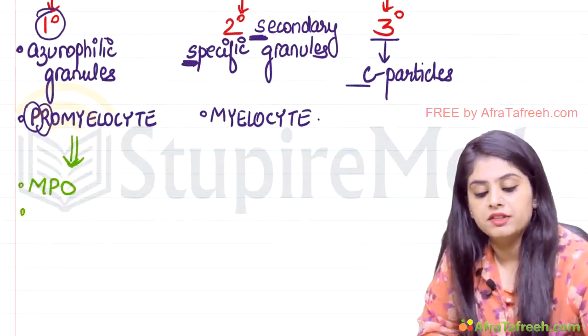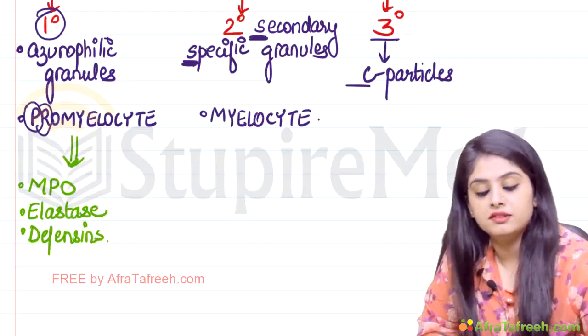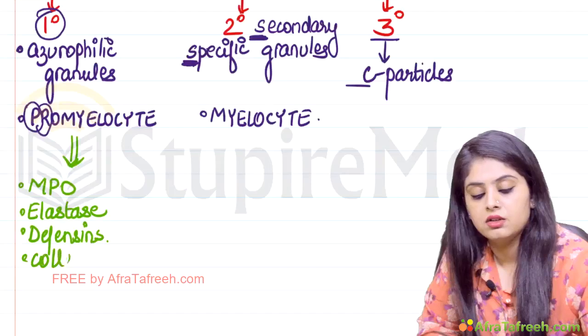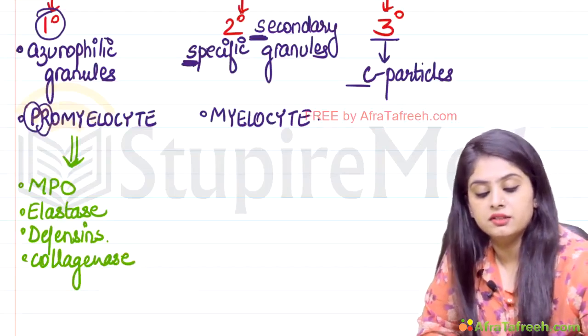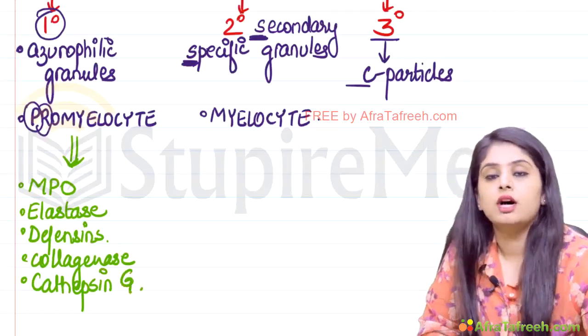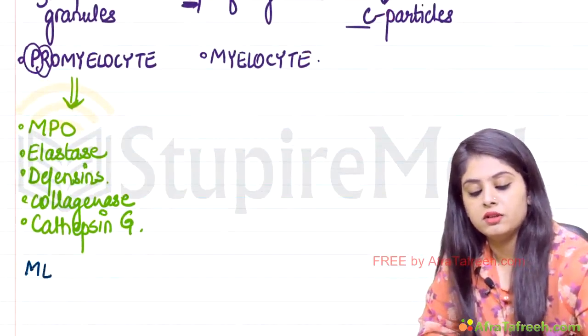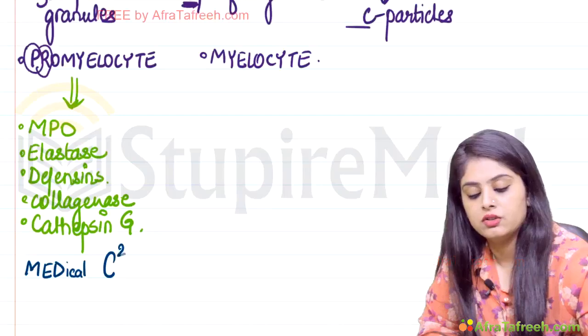This includes elastase, defensins, and collagenase, along with cathepsin G. Now, how should we remember this? You can give this the mnemonic of Medical College.